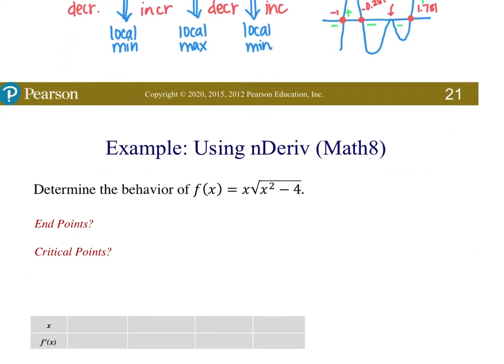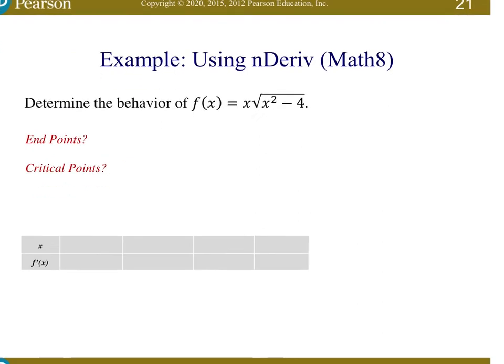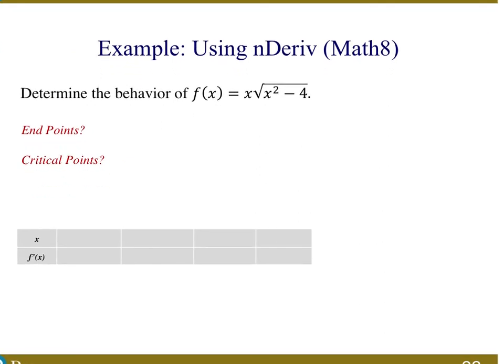Okay, let's try another one. Do we have endpoints for here? Well, I do have an implied domain, and the implied domain has a square root. And so the implied domain says that the square root can never be negative. It always has to be greater than or equal to 0.